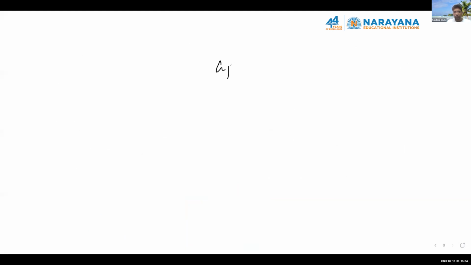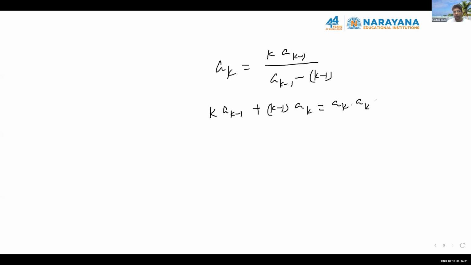A of k is given as k times k minus 1 whole upon A of k minus 1 minus k minus 1, right? So if you cross multiply, what will you get? k into A of k minus 1 plus k minus 1 into A of k. This is the relation, right?